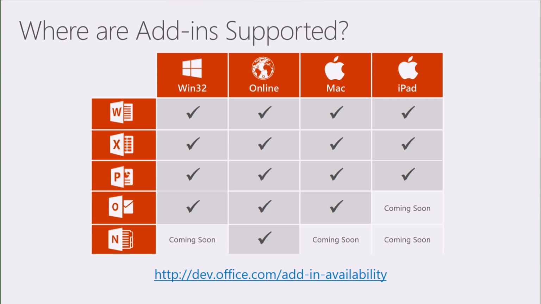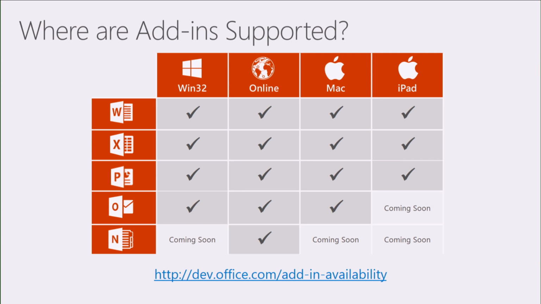Now, with that context, I'd like to talk about where you can take advantage of Office add-ins in terms of products and platforms. We are still building the framework, but we have made a lot of progress in terms of products supported. Add-ins are currently supported in Word, Excel, PowerPoint, Outlook, and newly announced at Ignite, OneNote.